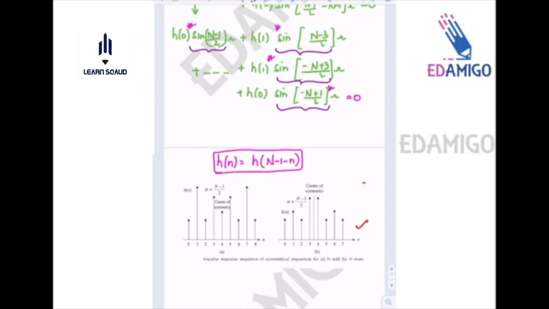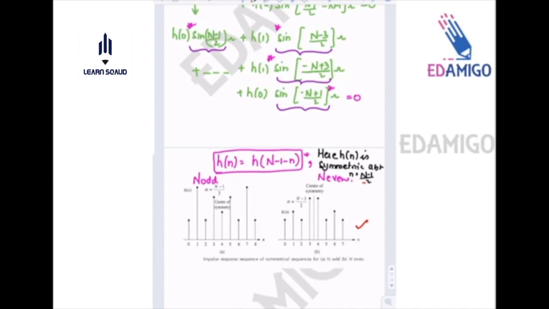Now there are two cases: one case where N is odd, and one case where N is even. So h of n equals h of N minus 1 minus n means that h of n is symmetric about n equal to (N minus 1) divided by 2.